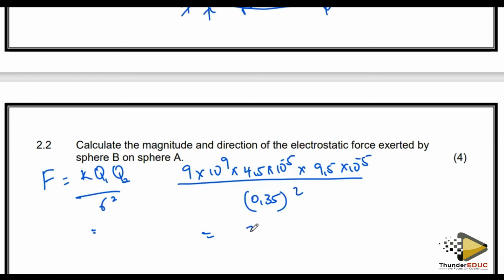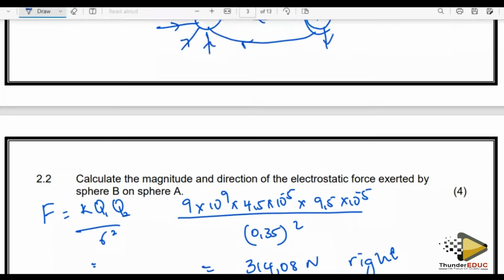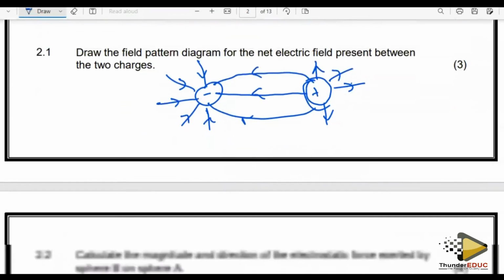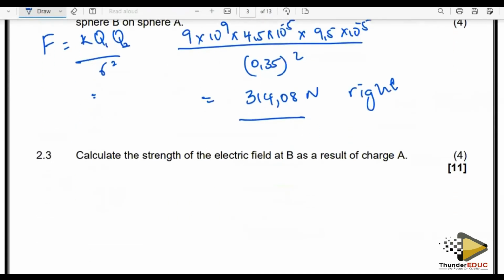Having 314.08. But since we're focusing on B on A, then the direction is going to be to the right. B on A, to the right. They give an attraction.